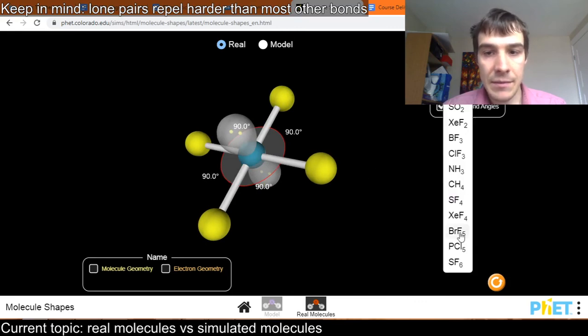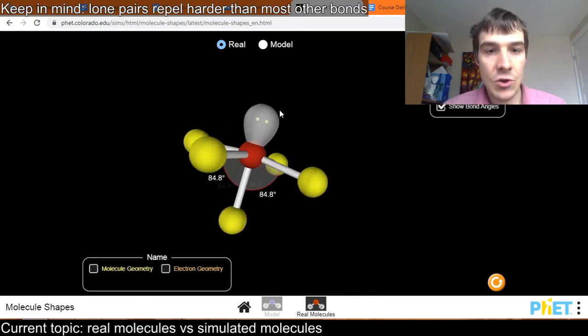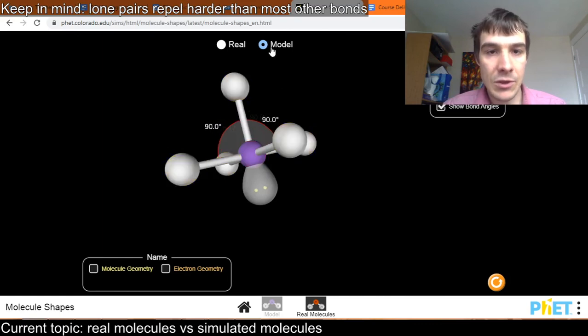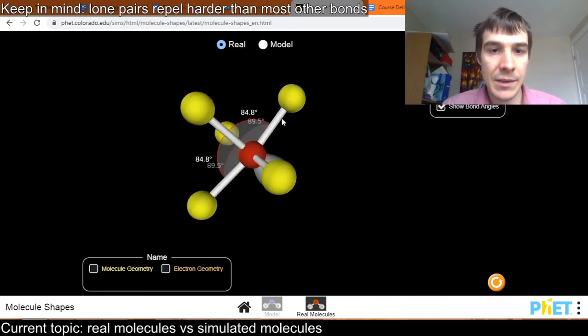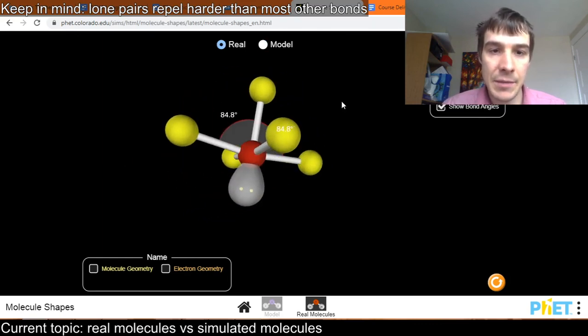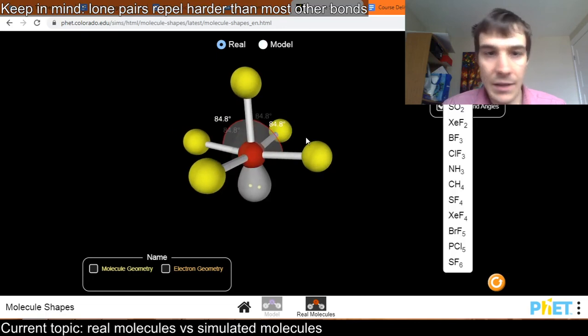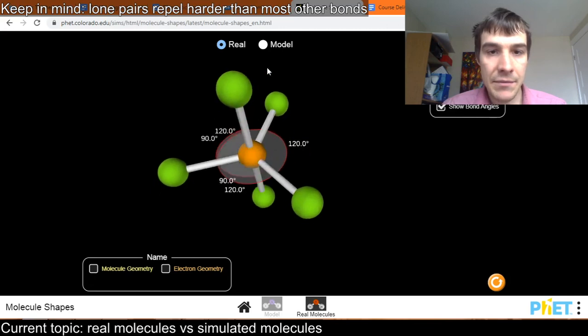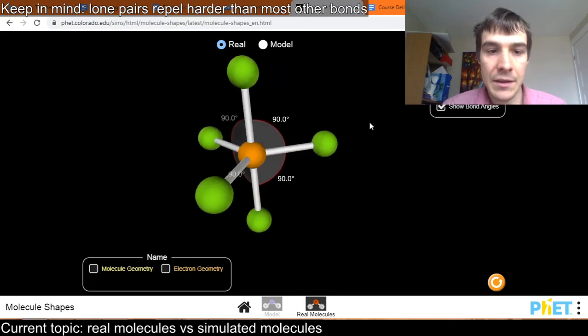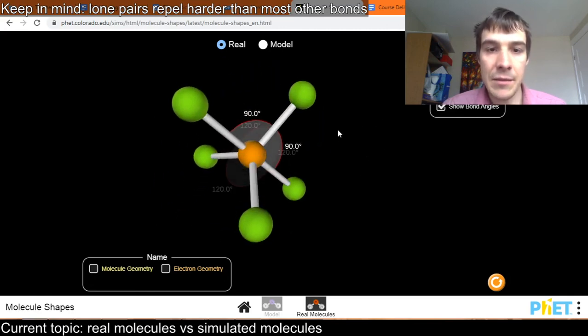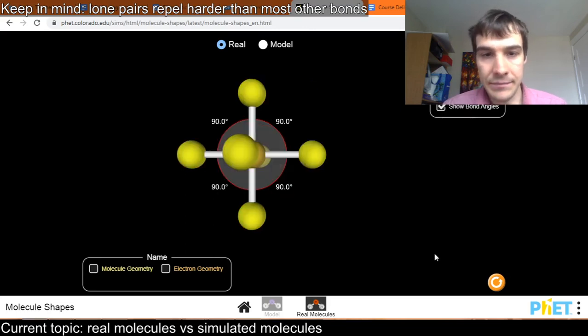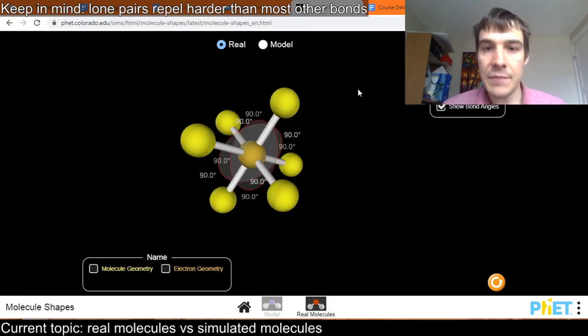XeF4 is fine, it's a square planar. BrF5 should be square pyramidal, like should be a perfect square pyramid, but is really a little bit of a lopsided square pyramid. Because again, the lone pair pushes a little bit harder. PCl5, a perfect trigonal bipyramidal. SF6, a perfect octahedron.